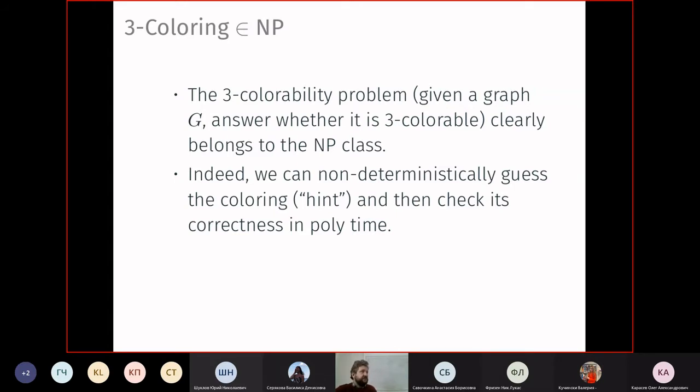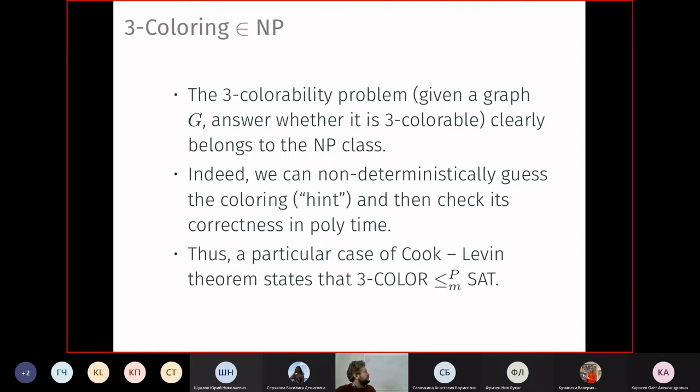Either we fail, that at some point we will run out of colors. It doesn't mean that the graph is not colorable. It just means that we chose an incorrect strategy. If at least one of these strategies leads to success, we say it's colorable and it yields the coloring itself. If no trajectory wins, then we say that it's not colorable. So it's an NP problem.